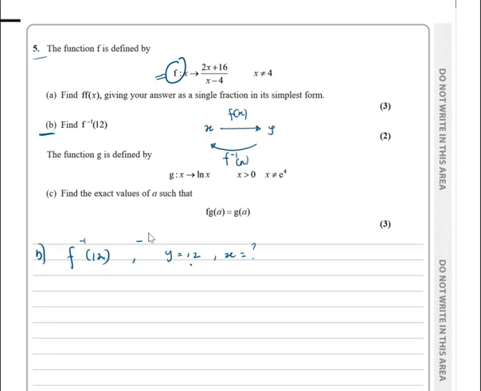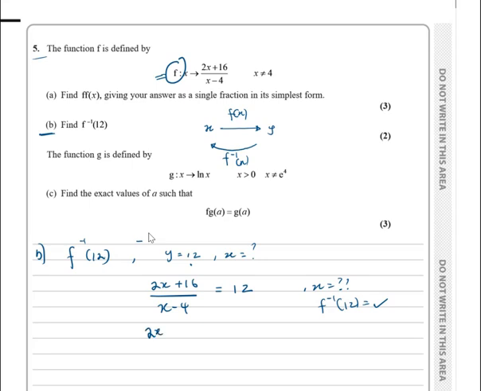What's the x value? That means you know that 2x plus 16 over x minus 4 is equal to 12. That will give you the inverse of 12. So you don't need to go into the process of finding the inverse function. You just solve this equation.